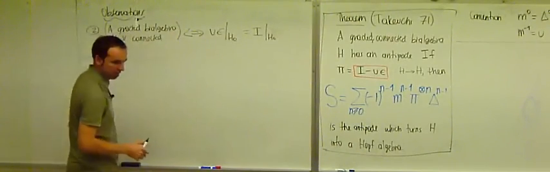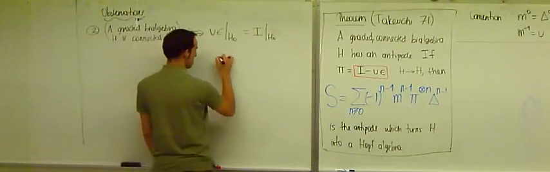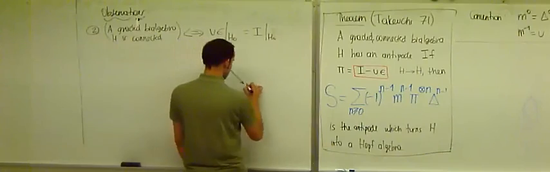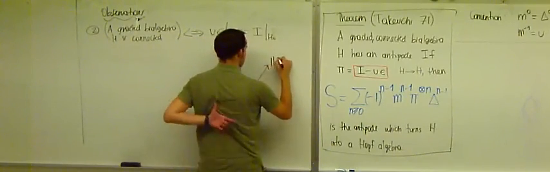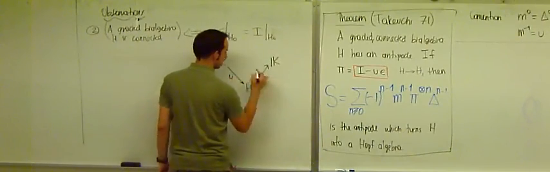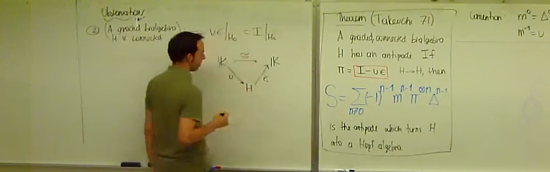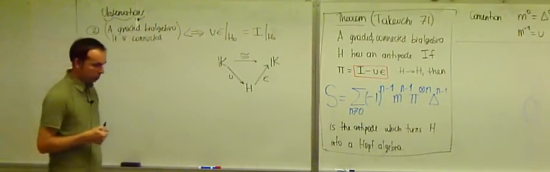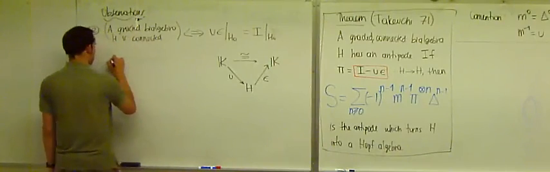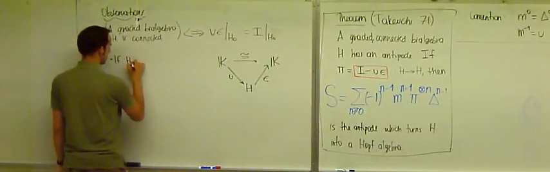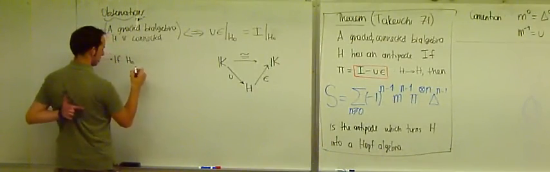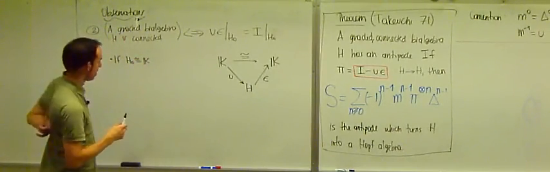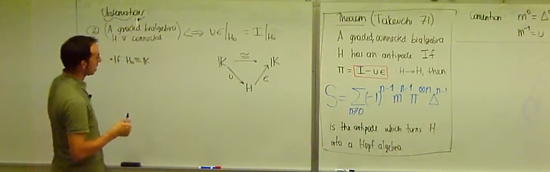And why is this? Because we have the following thing. Remember that we have this commutative diagram from K to H to K, where this is the unit, and this is the co-unit, and this one is the canonical isomorphism. Okay? These things commute. So, look at what happens here.